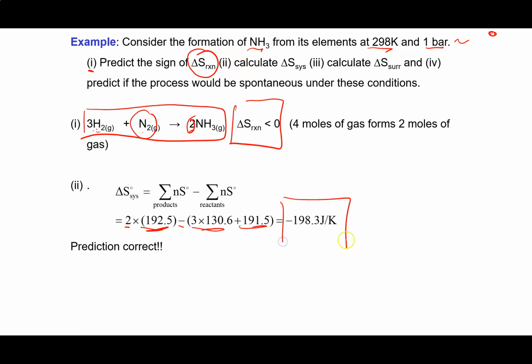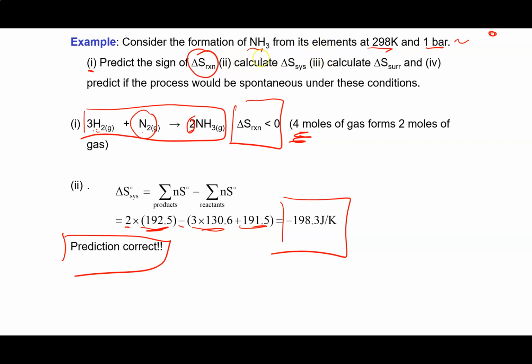That gives me an entropy change for this reaction of minus 198.3 joules per Kelvin, which I'm happy with because it's in agreement with the sign that I estimated for 4 moles of gas going to 2 moles of gas. So I'm happy there.